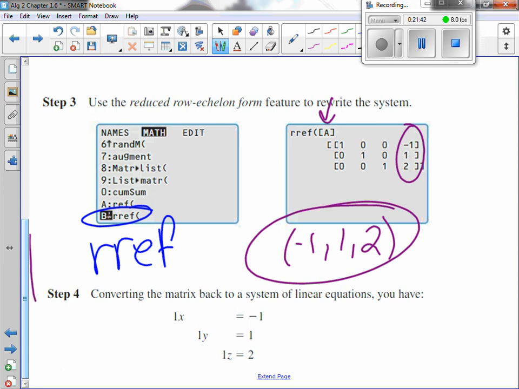Because what those are saying is that 1x is equal to, so x here, y, z, because these are all zeros, x is -1, y is 1, and z is 2. That's it.